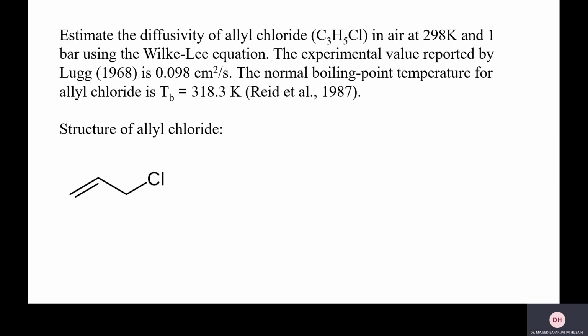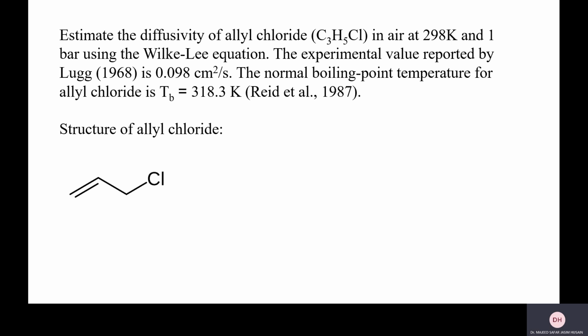So let's read the example. The example says, estimate the diffusivity of allyl chloride, which has a structure of C3H5Cl, in air at 298 Kelvin and 1 bar using the Wilke-Lee equation.